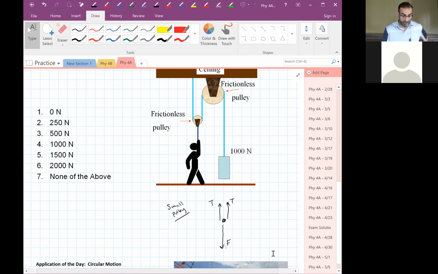So, tension. What's the tension in that rope? 1,000 newtons, right? That's what's holding up the box. And the tension is the same everywhere in the rope.